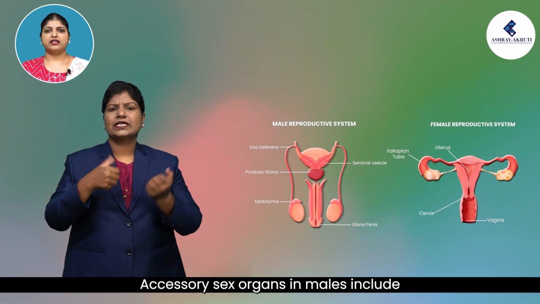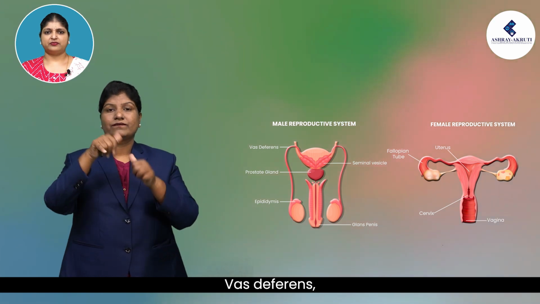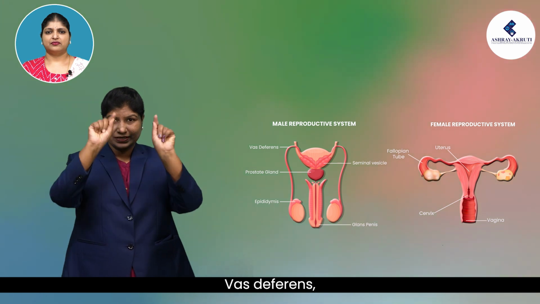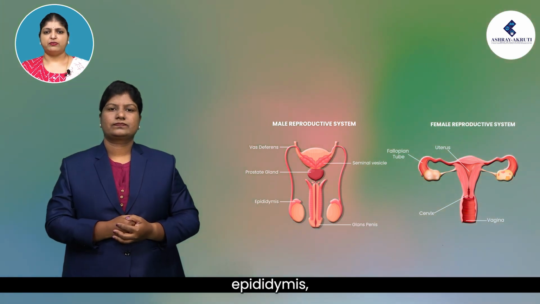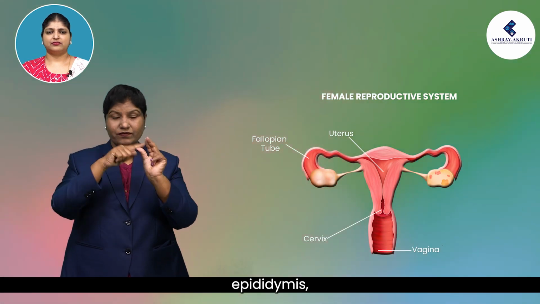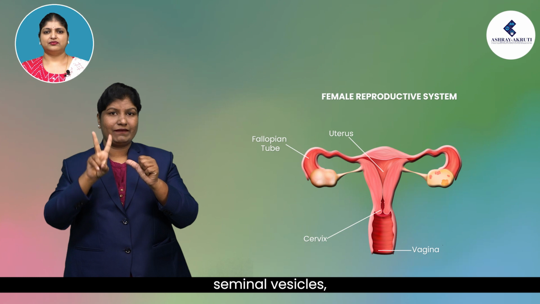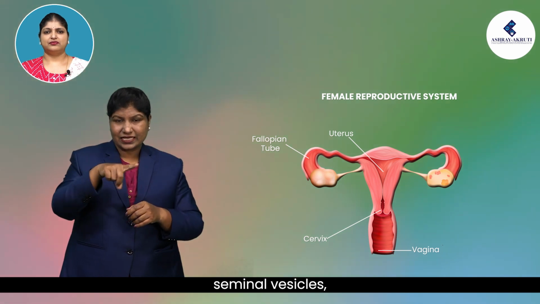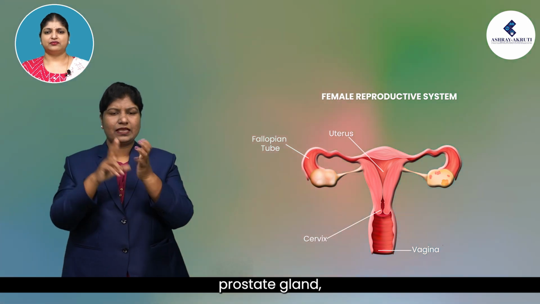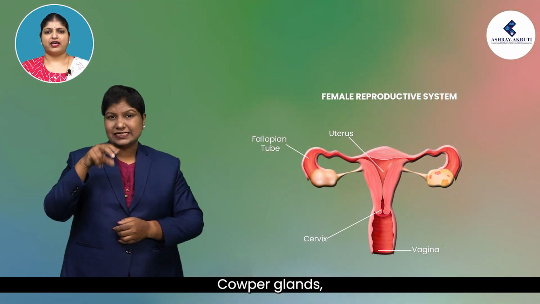Accessory sex organs in males include vas deferens, epididymis, seminal vesicles, prostate gland, Cowper glands and penis.